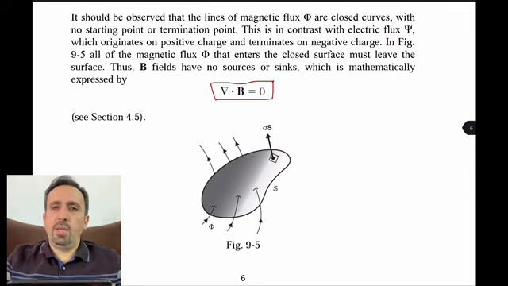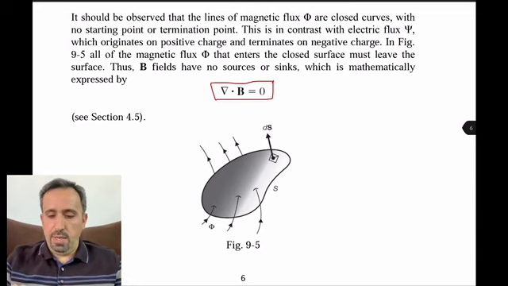Mathematically, if you take del of B, it will give you 0. Del of B gives you 0. May I write down here del of D? I know it is too early, maybe discussed in a coming chapter, but no problem, just for making an analogy between electricity and magnetism.